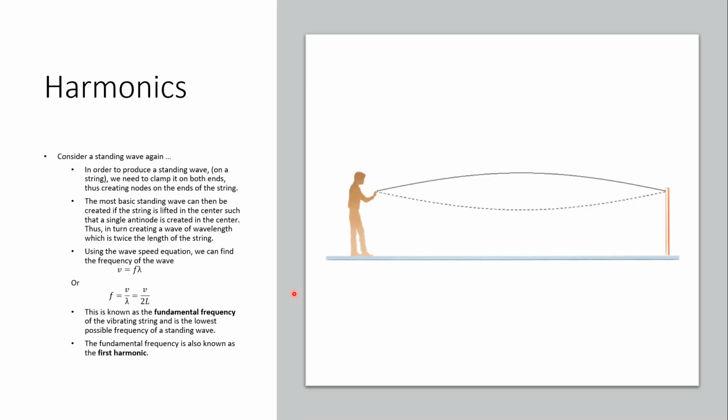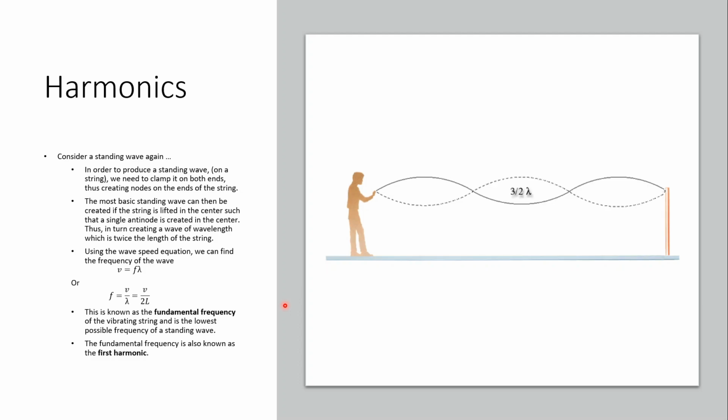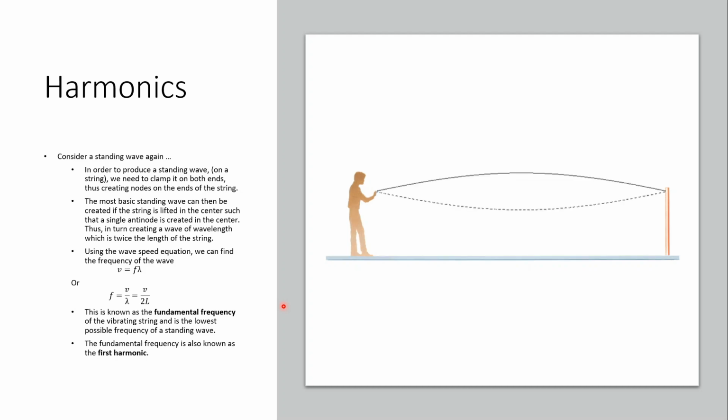So the next thing that we were going to talk about was harmonics. And harmonics was essentially to do with a standing wave. Now, what we talked about as a standing wave was that if you were to take a string, and let's see if I can find a string here. But essentially, in order to create a standing wave, let's do this.